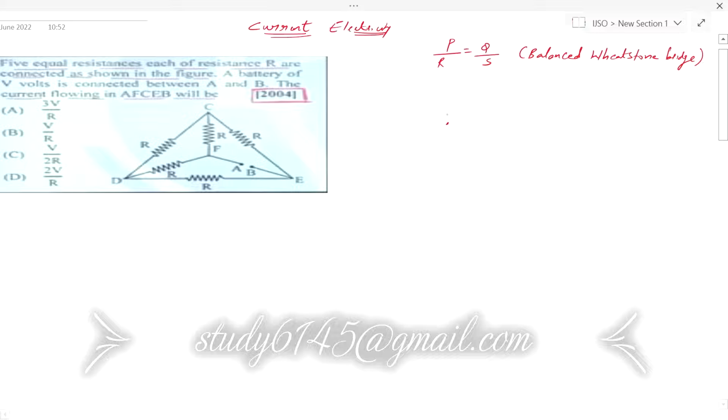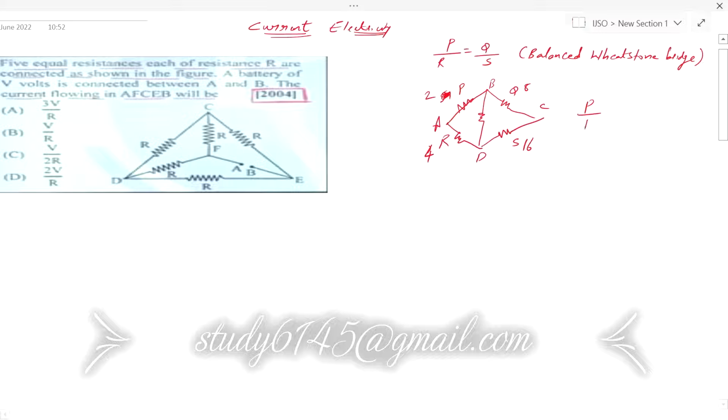Suppose first A, B, C, clear, and this is D. So if we take the resistances as P, Q, R, S, and if the ratio of P by R to Q by S are equal, suppose all the resistances are equal, or let's take one example: 2, 4 and 8 and 16.